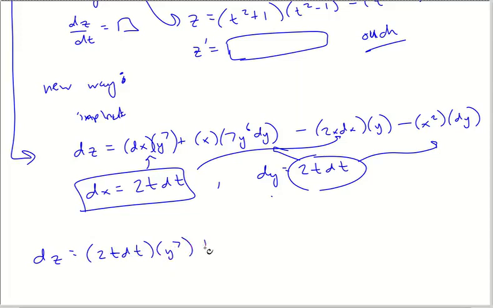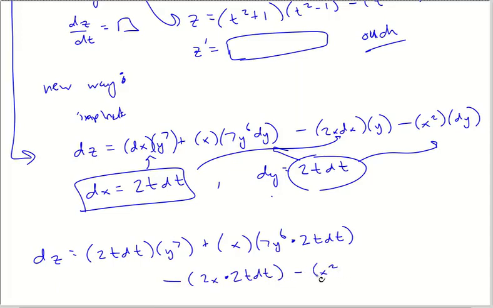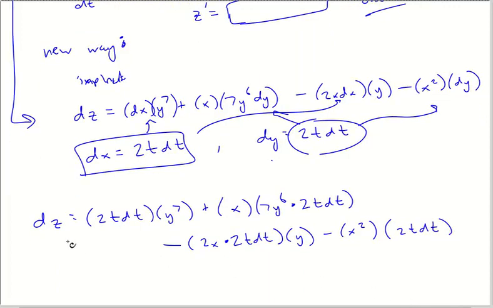Y to the 7th, got an x, 7y to the 6th, dy is now a 2t dt, and then I'm going to skip down here, minus 2x times 2t dt, and then we got an x squared. Well, actually, hold on, I forgot a y. Okay. There's so many moving parts. I hope you recognize that. 2t dt. Okay, excellent. We're really close.